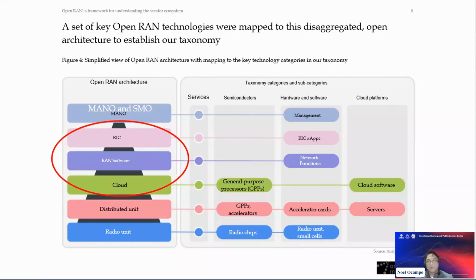That would be the RIC xApps, that's your RAN intelligent controller, your RAN software, which is normally applied to network functions, which are also software driven, and of course the cloud. I hope I can just wrap up with the discussion on the software because most of the categories are already discussed by the previous presenters.